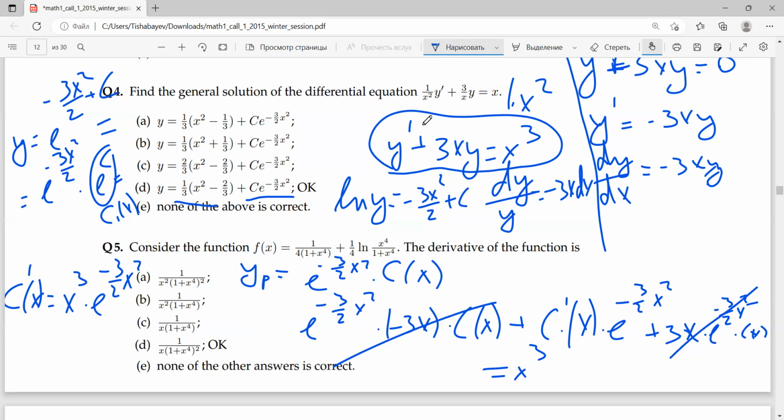Is it clear? Yes. Now find c. To define c, just integrate x cubed e to the power of minus 3 over 2 x squared dx. That's it.